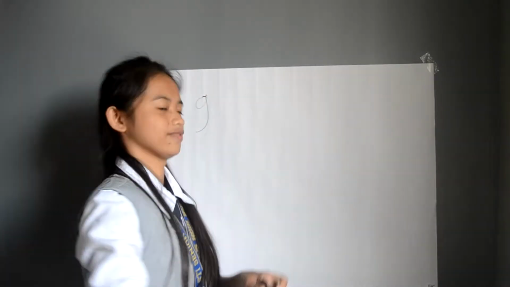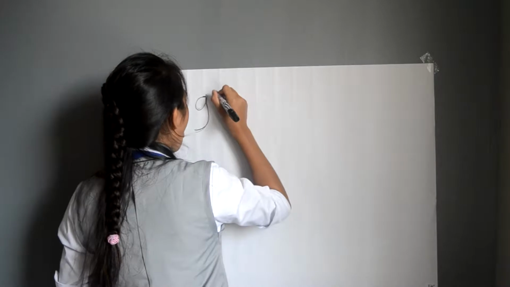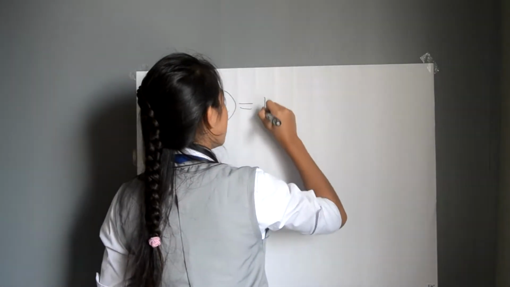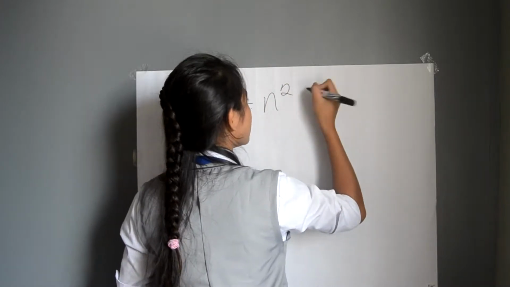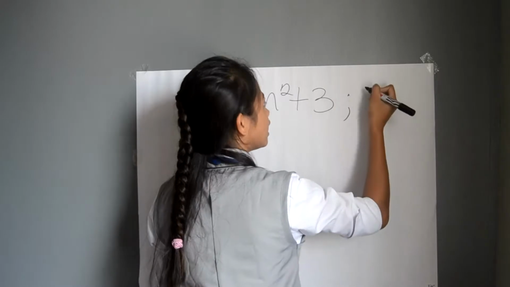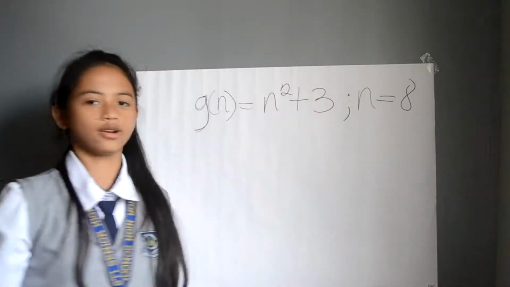Example number 3. g of n equals n squared plus 3, wherein n equals 8.